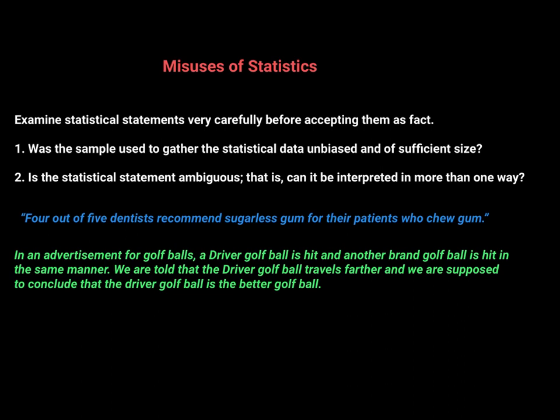But what the advertisement does not mention is the number of times the experiment was previously performed, or the results of the earlier experiments. So there could be bias included in this, like wind speed and direction, or the fact that no two swings are identical, or that the ball may land on a rough or smooth surface. We're not told any of these things in this advertisement.